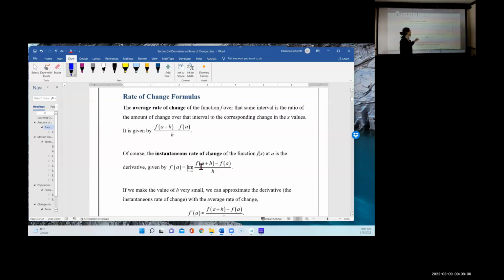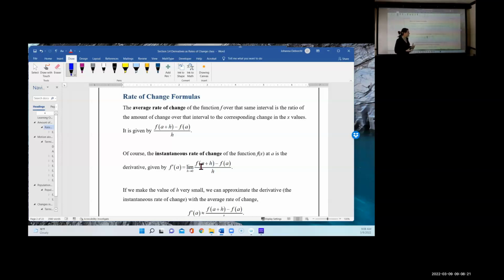Now remember that this formula, the difference quotient, is basically just the slope of the secant line. And the slope of the secant line gives you the average rate of change, the average amount that the y values are changing with respect to the x values. So the average change.